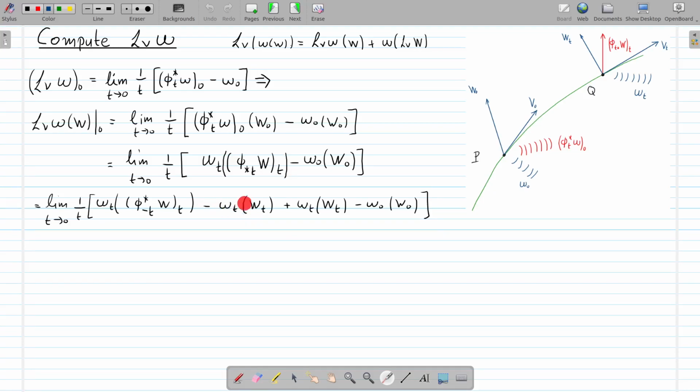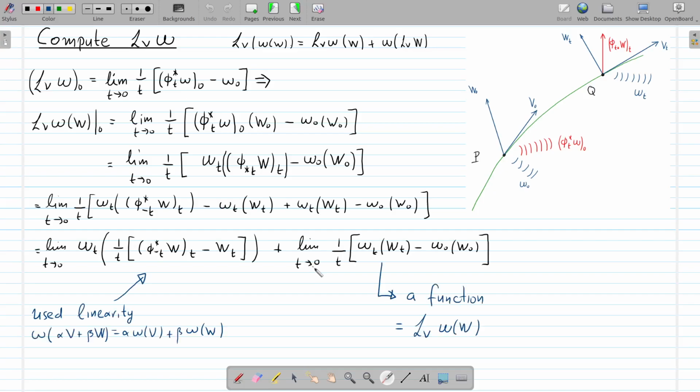Then we add and subtract the same term here. And by using the linearity of the action of omega on vector fields, we can form this first term here, where omega is acting on this linear combination of those two vectors. The second term here is simply given by this term.